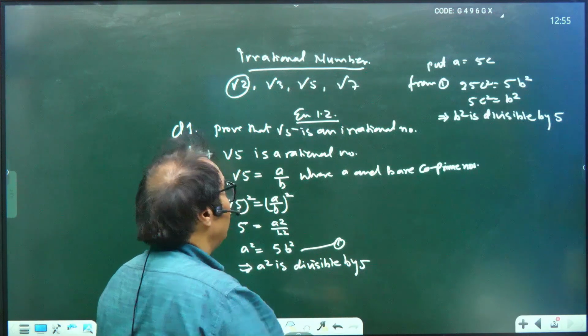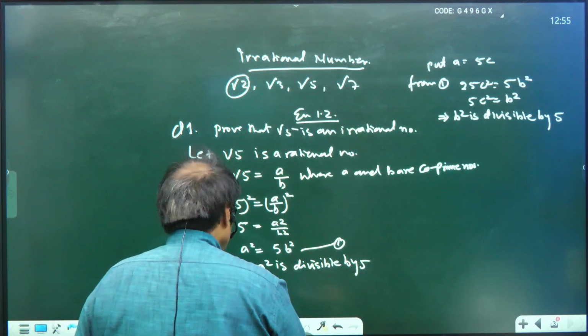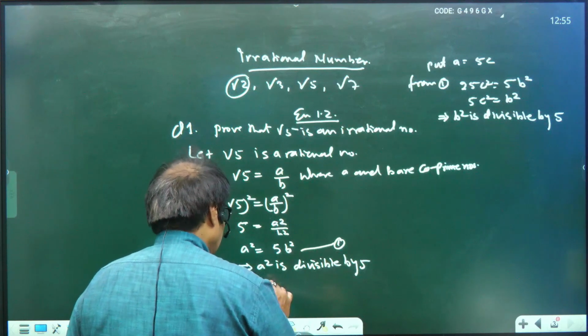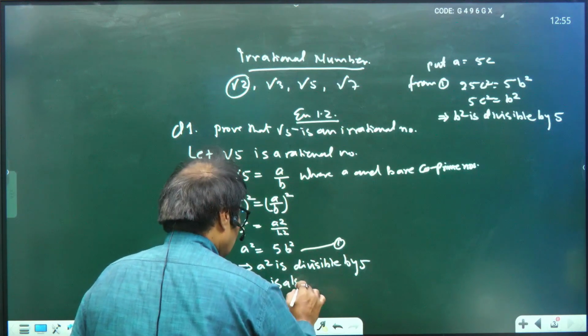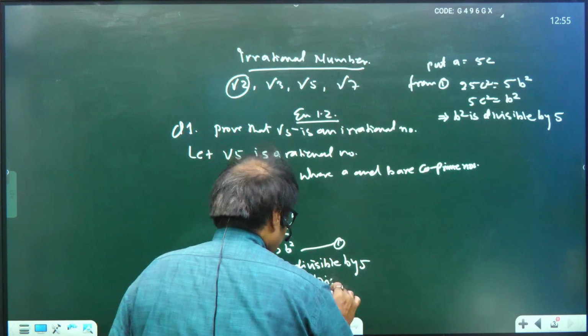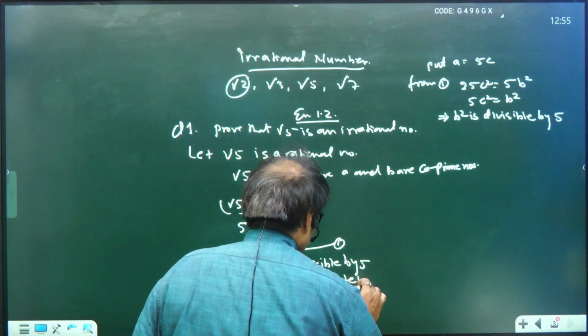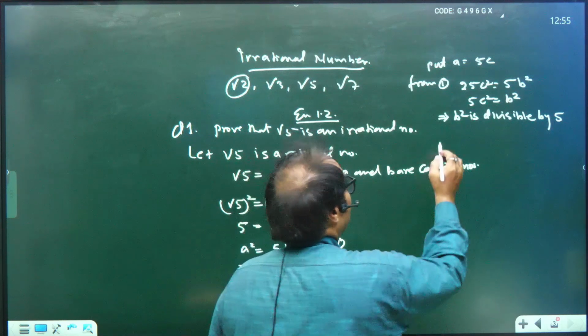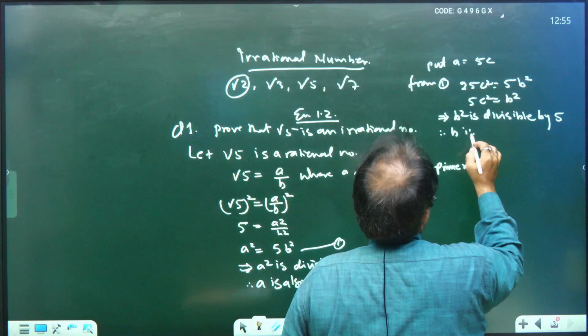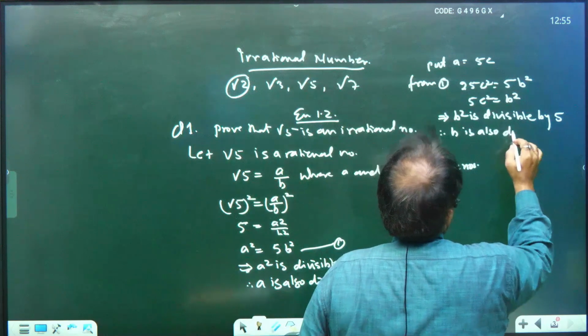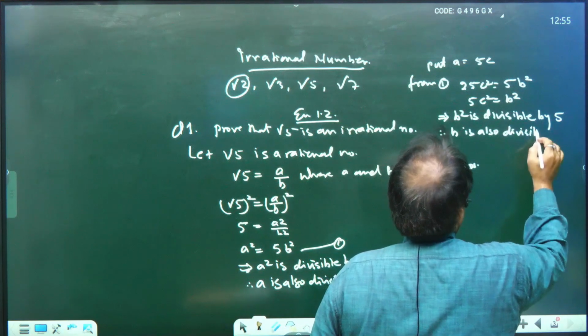A square is divisible by 5, so hence a is also divisible by 5. Here we write therefore b is also divisible by 5.